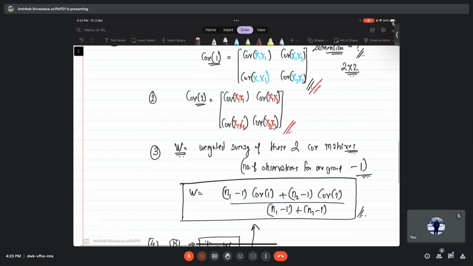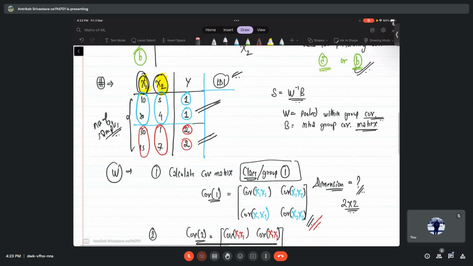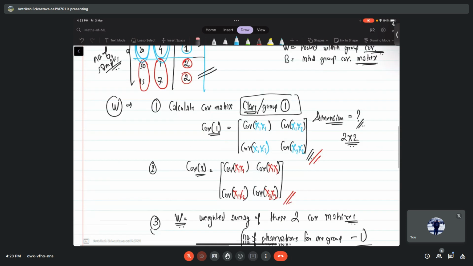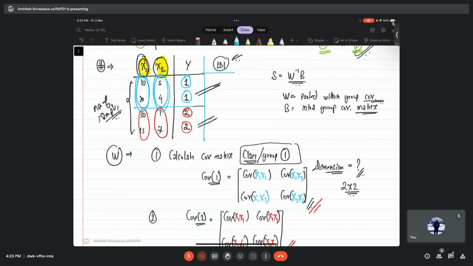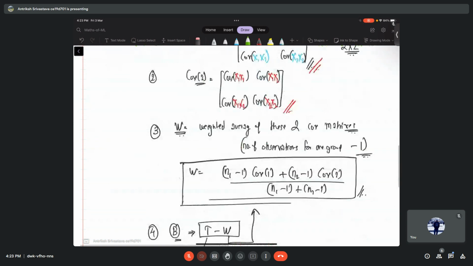Remember, when we calculated the covariance matrix for group 1 and group 2 separately, we used only their own group members or observations. But now, to calculate the total covariance matrix, we are going to use all the values of the feature x2 and all the values of the feature x1. Right?